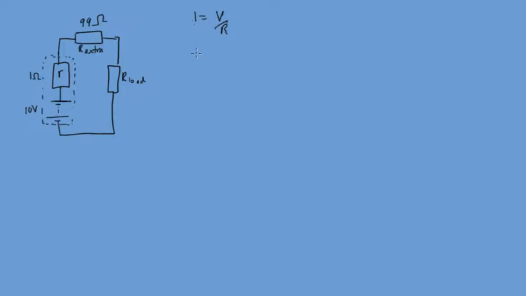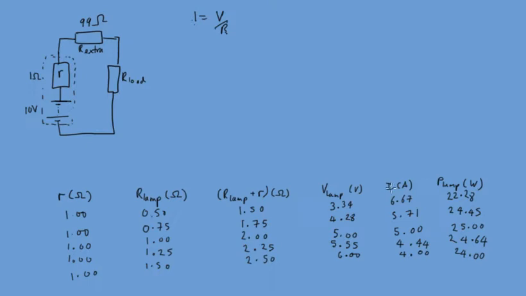Because if we saw previously on our other table, when we had our situation where we'd load matched the internal resistance to the lamp resistance, we had a current of 5 amps. Now if your computer had a 5 amp current going through it, it would burn it out completely. So 5 amps is quite a big current.